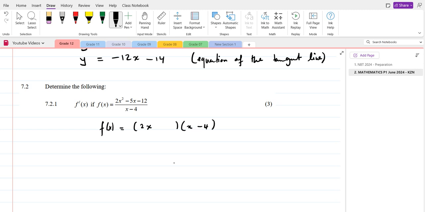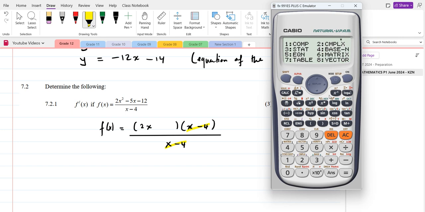I'm just using a cheat method because I know that's going to cancel out with the denominator. So I know this one and this one cancel, but anyways, let's factorize. Mode 5 3, we enter 2, minus 5 and minus 12. You can see one answer is 4, so x minus 4, and the other answer is 2x plus 3.